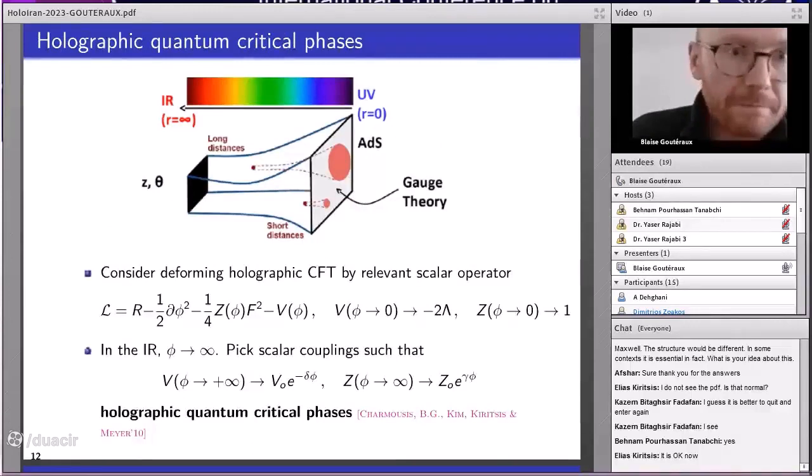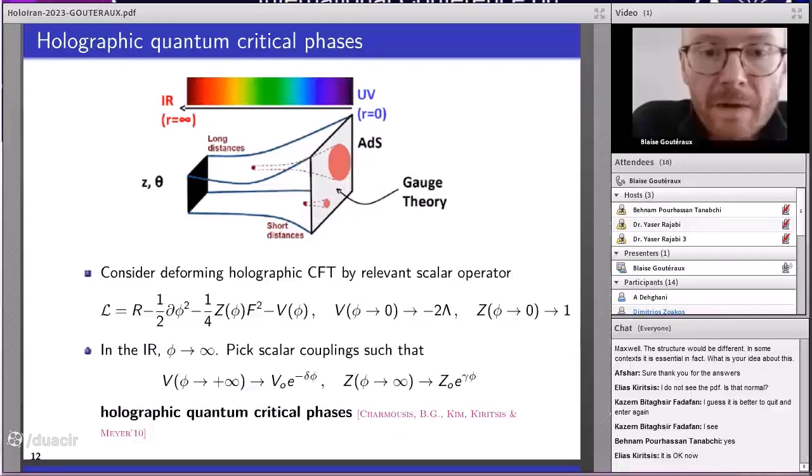Now let me turn to holographic matter. I want to consider a specific kind of phase. Here, what I want to do is deform a holographic CFT in the ultraviolet by some relevant scalar operator phi, which in the bulk is a scalar field. It has some coupling to the Maxwell term, Z of phi, and some potential V of phi.